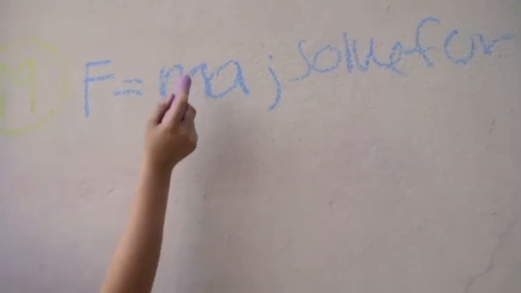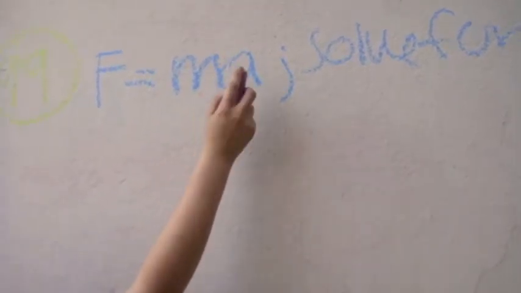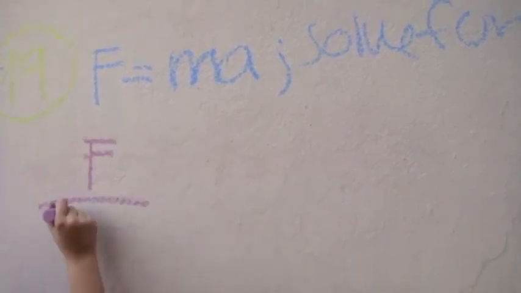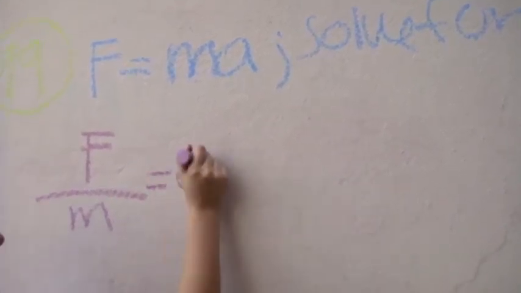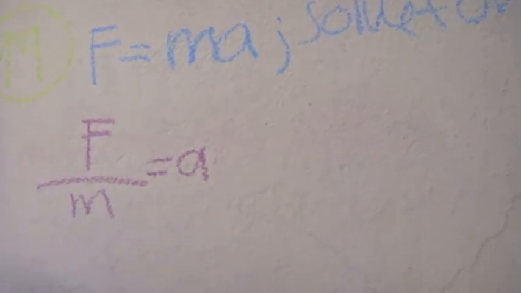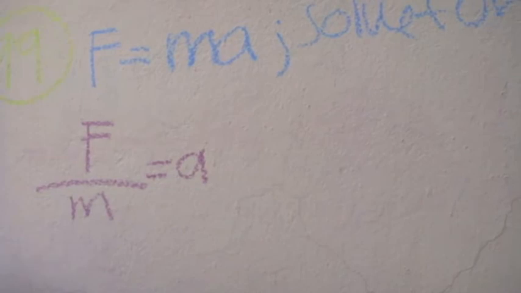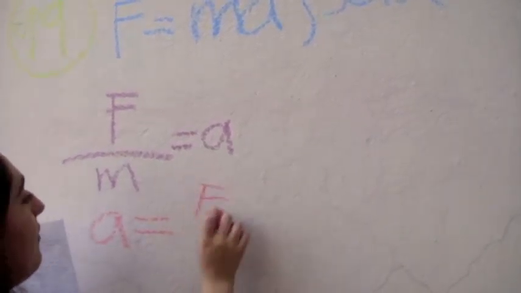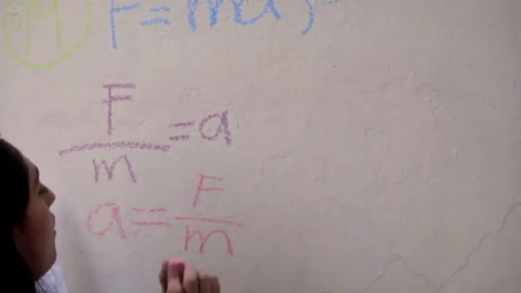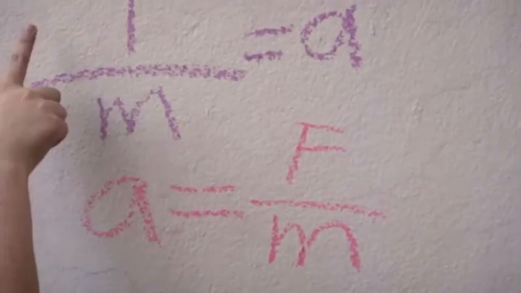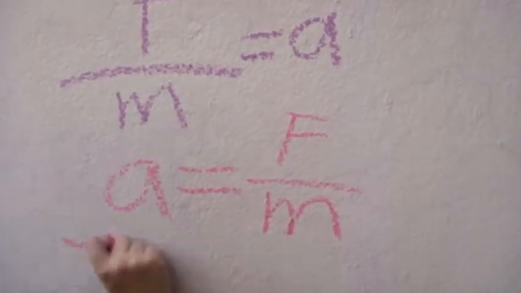Since it's multiplying the a, we will pass it dividing. F over m equals a. We already have the a alone, but if you wish to turn the problem around, we write a equals F over m. But if you do decide to flip the problem, you have to flip it exactly the same. You cannot alter the problem in any way. So this is your answer.